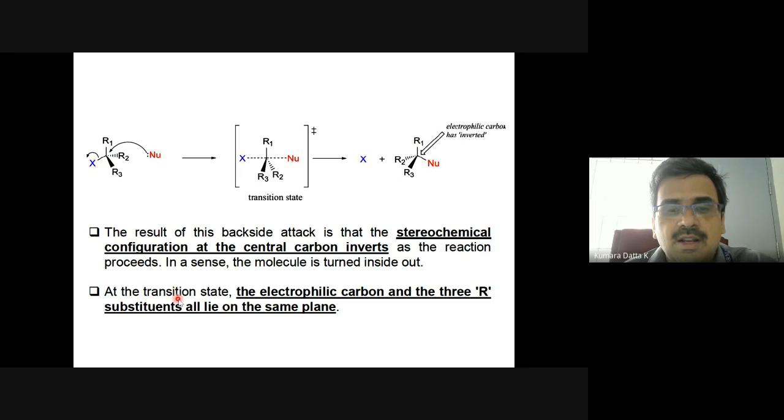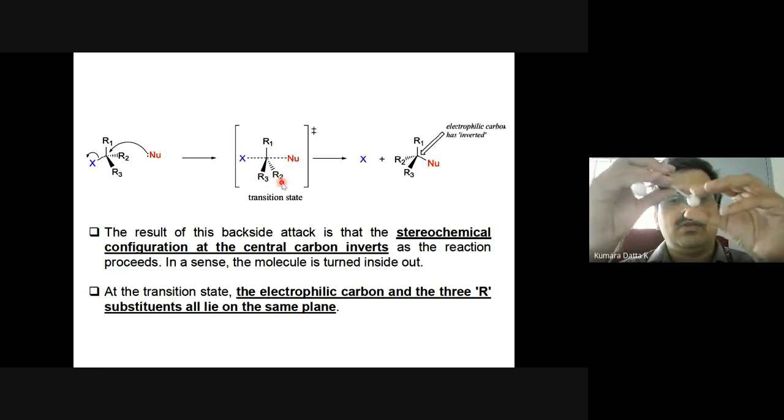Also, in the transition state, both the leaving group and the nucleophile are in the same situation, but they are not completely gone, nor have they formed a bond. All the alkyl groups R, R1, R2 lie in the same plane.